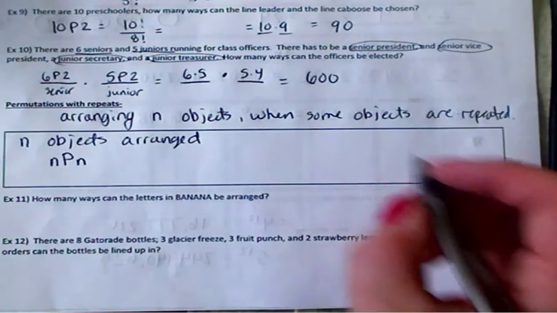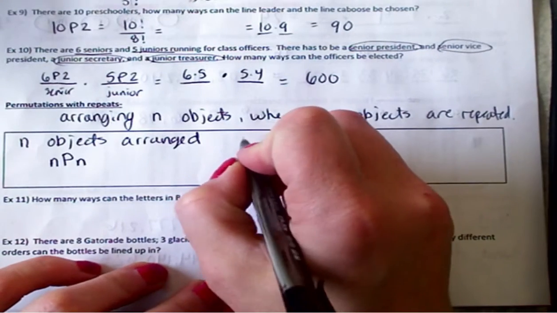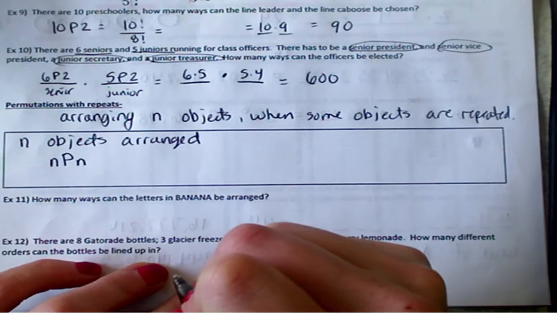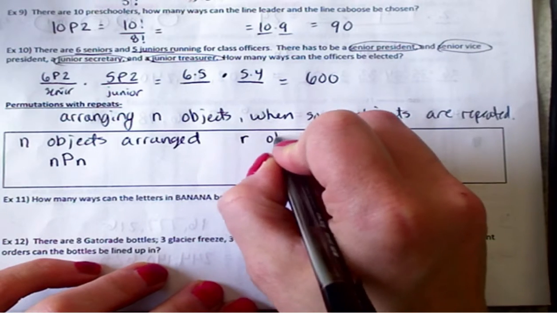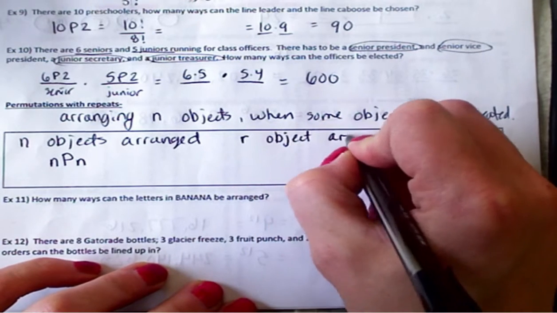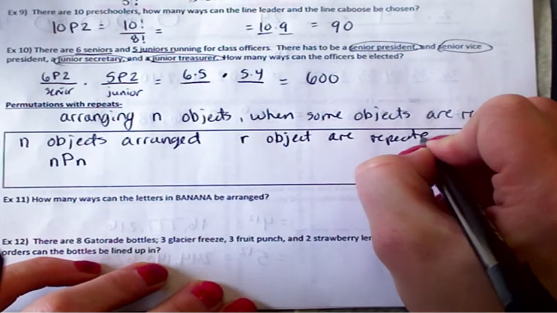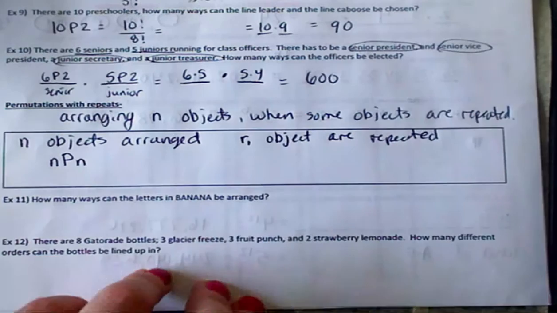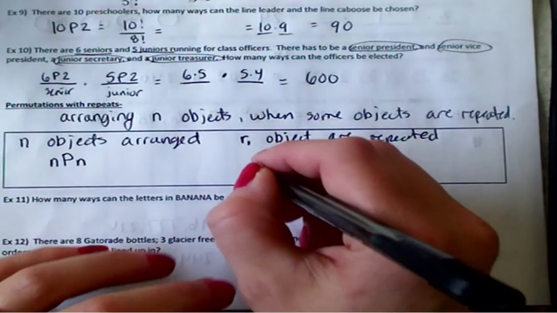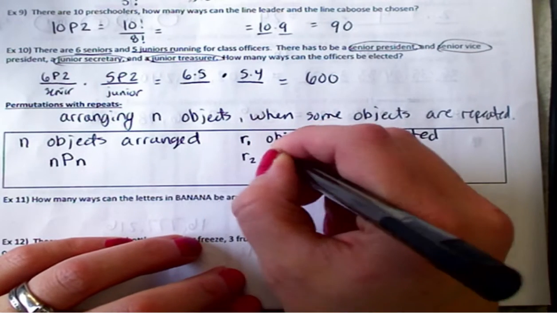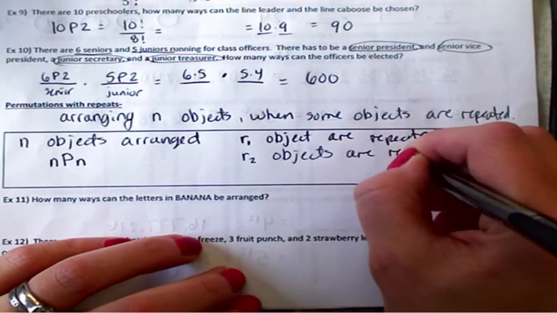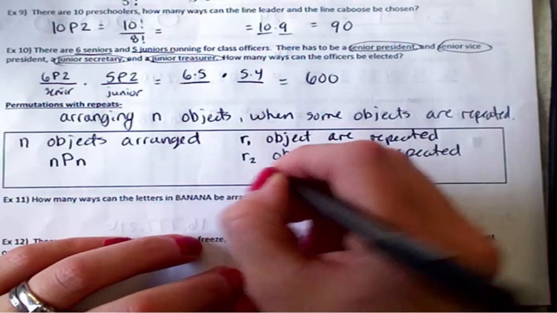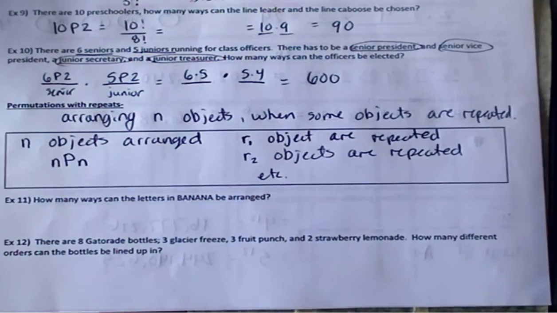But within this group, r sub 1 objects are repeated, r sub 2 objects are repeated, etc., because you could have any number of things that are repeated.